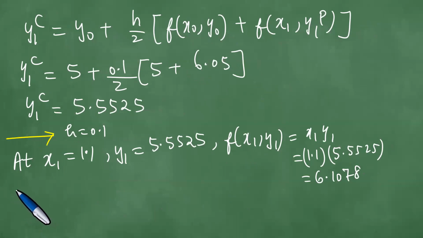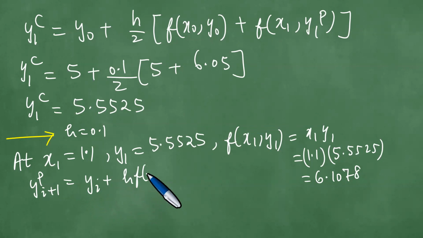First things first, we note that the predictor has its formula, which I'm just going to squeeze here. The predictor is nothing other than what we call the Euler formula, xi, yi.